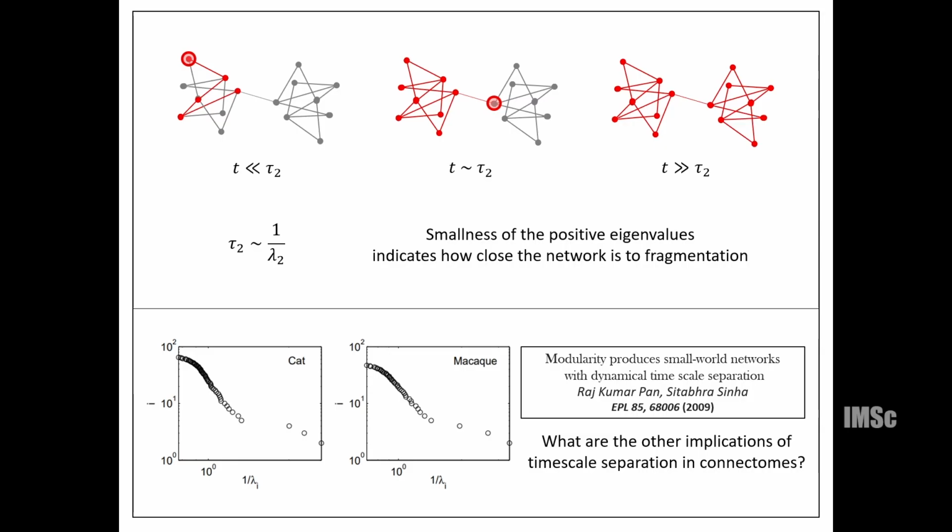Why do you think modularity is important? Like, for these networks, for brain networks? Modularity or time scale separation, how is it useful? Different? You mean like different parts of the network, different modules?